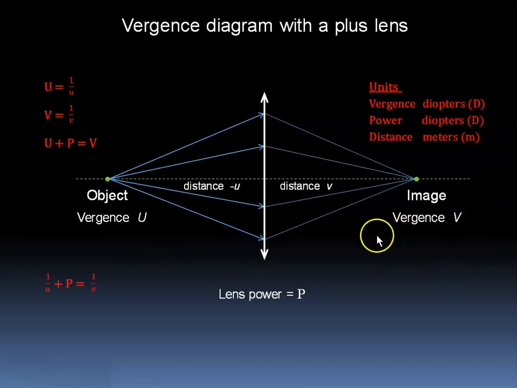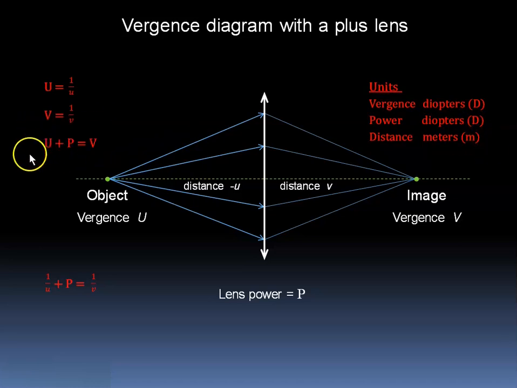Vergence is simply the inverse of the distance in meters. So 1 over small u becomes big U, which is object vergence, and 1 over small v becomes image vergence. Vergence is stated in units of diopters, as is power of a lens. Distance is in meters.